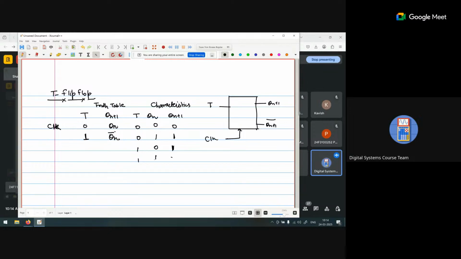When Q n is 1, Q n plus 1 is 0. So Q n plus 1 is nothing but T XOR Q n. So this is the toggle flip-flop.